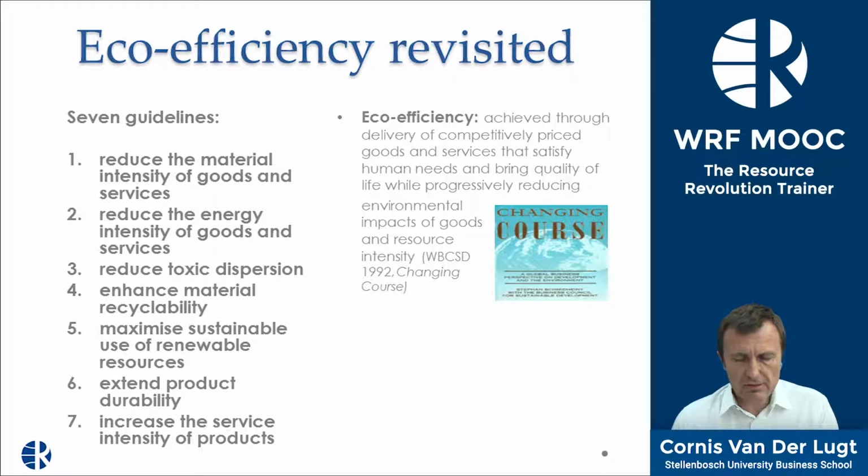At the time, the WBCSD also defined 7 guidelines for eco-efficiency, and those 7 guidelines today remain equally relevant. If you look at that list of guidelines, for instance, the last 2, the goal of extending product durability and the goal of increasing the service intensity of products, ideas that remain highly relevant today.